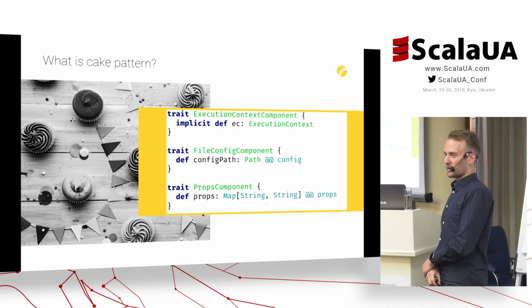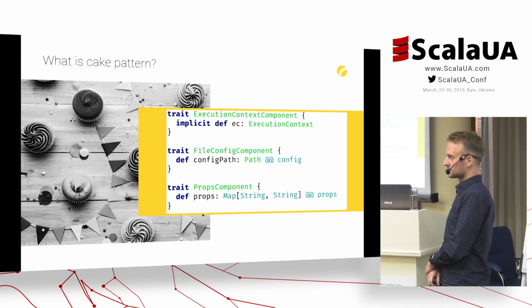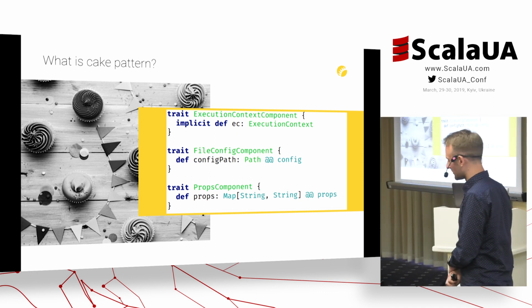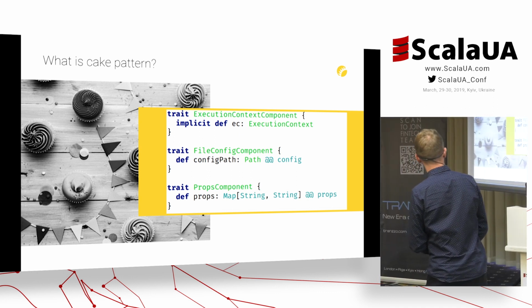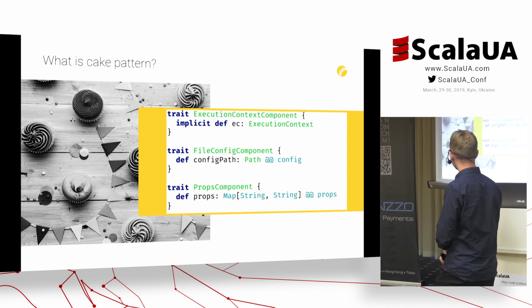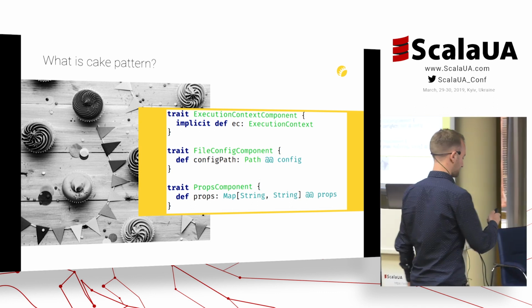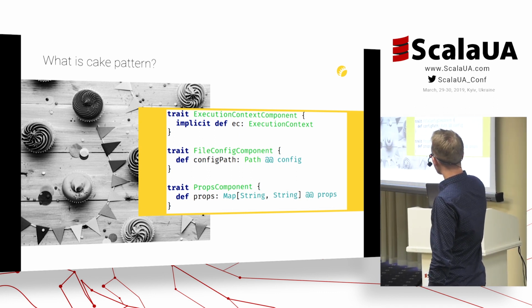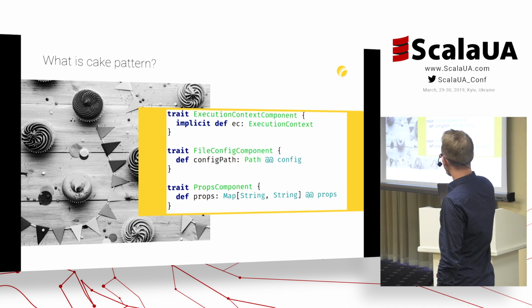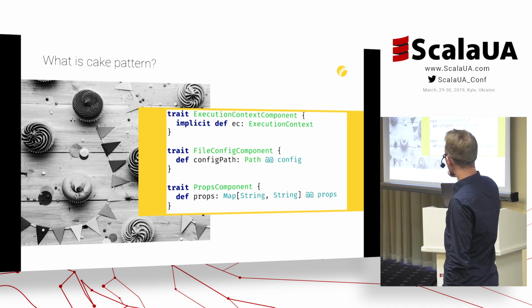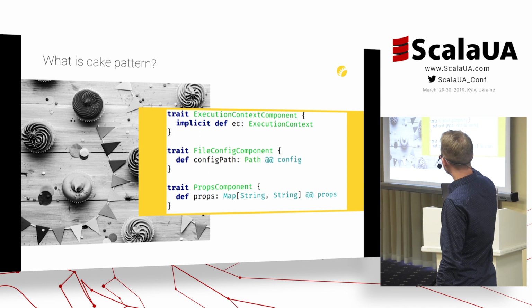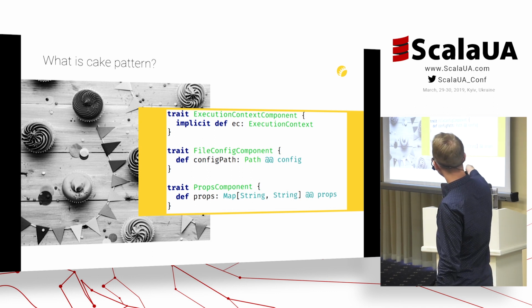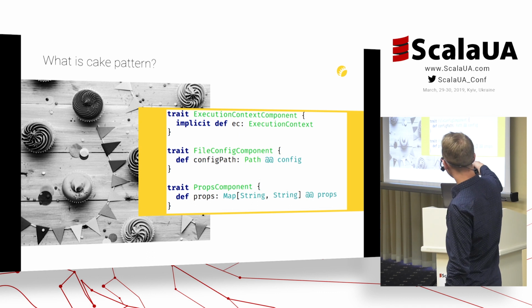Who's familiar with the cake pattern? Probably most of us. In a few words, the main idea behind the cake pattern is to define some components with unimplemented members, and then define some functionality. In this slide, we just need to keep in mind that the execution context component provides the execution context. This is some kind of configuration and properties.